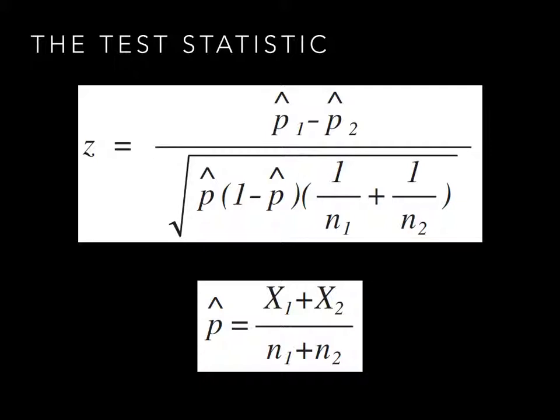We're assuming that they're equal, right? So when we add them together, the proportions should still be the same. If we're assuming that each is 0.5, it shouldn't matter if we pool them together, because they should ideally, in a magical stat world, equal 0.5. So that's why we add them together, because we're assuming that they're equal.